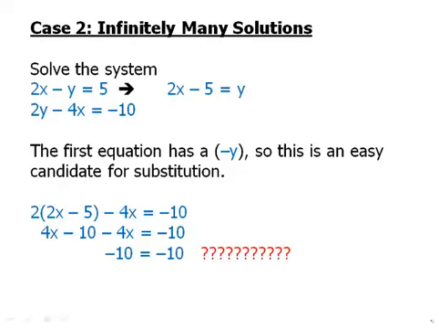If you get to a point where all the x's suddenly disappear, suddenly there are no variables and they're just numbers, don't automatically assume that you've done something wrong. On this page, every single step I followed was mathematically correct, and it wound me up here at negative 10 equals negative 10.